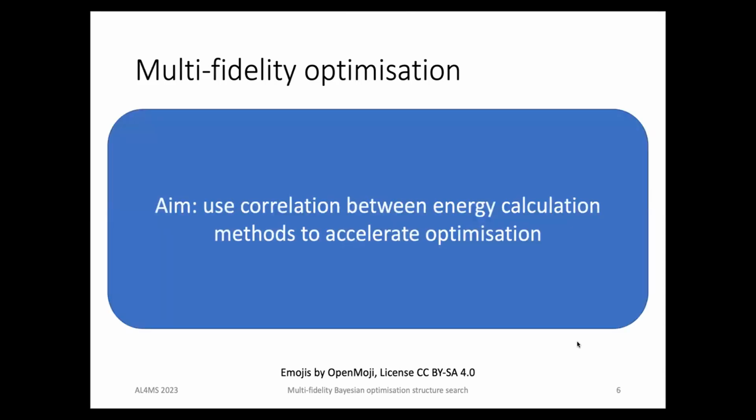And sometimes when we want to save time, in optimization, we say that we want to accelerate optimization. So here we could say that the reason we're interested in multi-fidelity optimization is that we want to use a correlation between these energy calculation methods to accelerate Bayesian optimization.